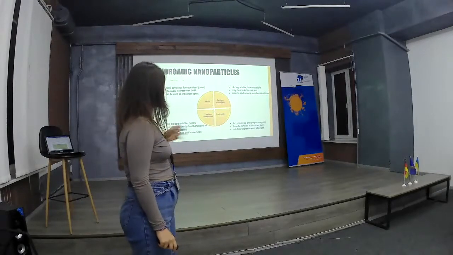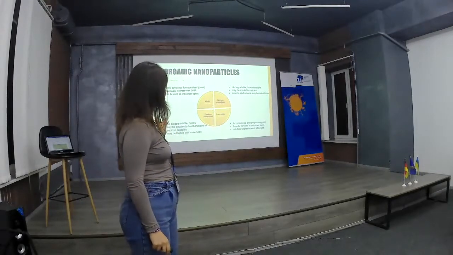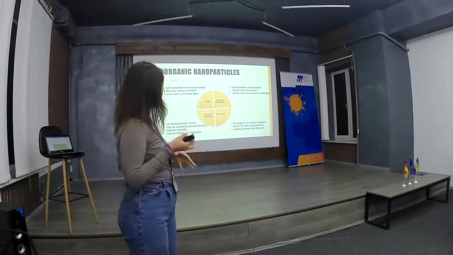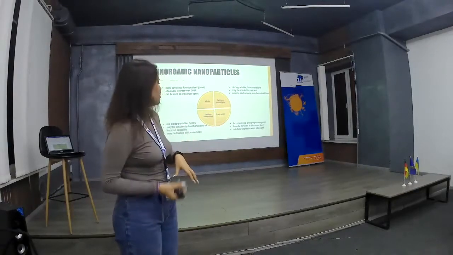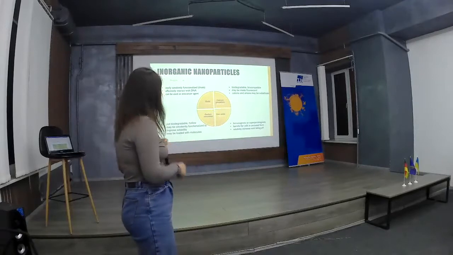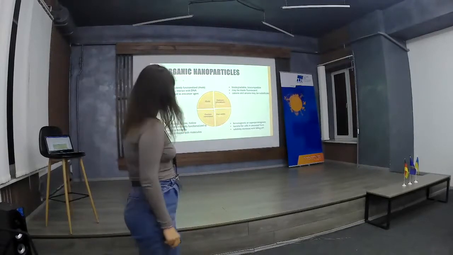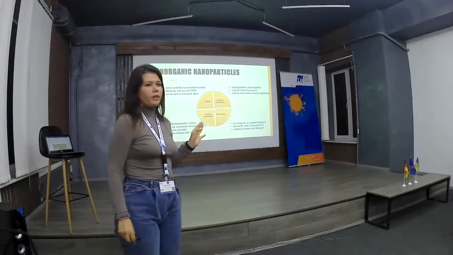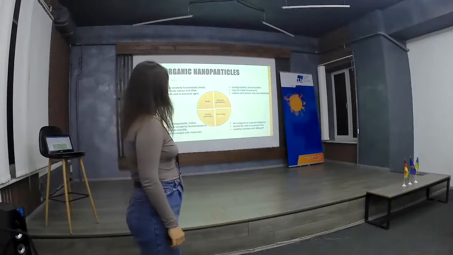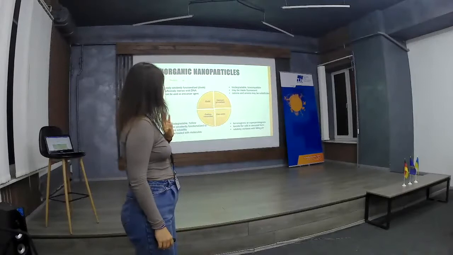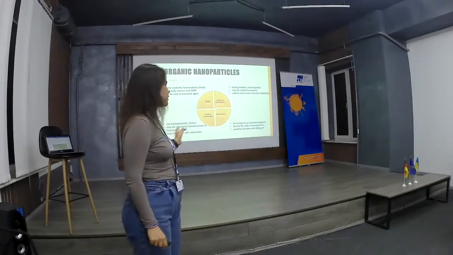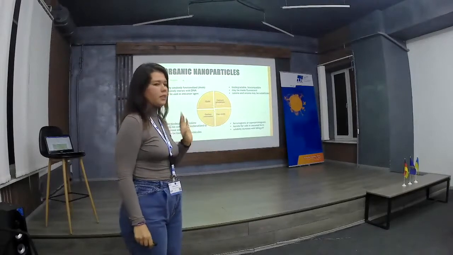So about inorganic nanoparticles, usually we put inorganic nanoparticles in organic nanoparticles. Inorganic nanoparticles sometimes can be toxic, but gold, calcium phosphate, and carbon nanotubes are usually less toxic than others.